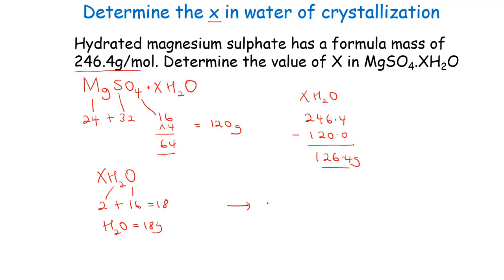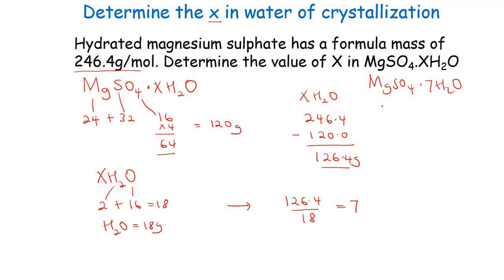So we shall get 126.4 divided by 18, then we shall get the value of X. So answer divided by 18, which is roughly equal to 7. So that means X is equal to 7, and our formula will be magnesium sulfate 7 water.